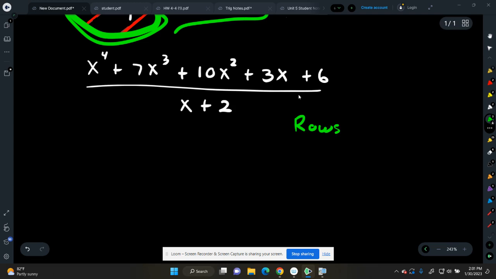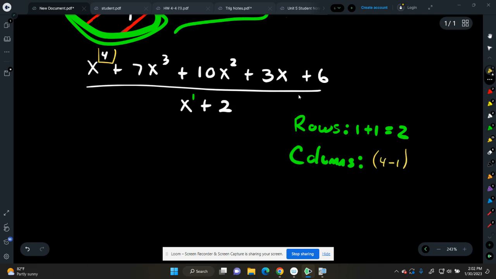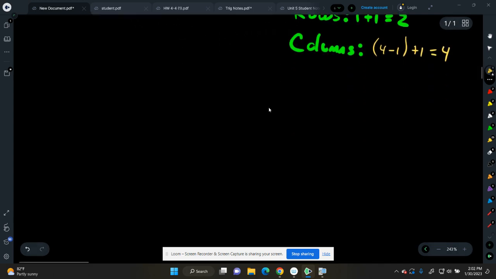How many rows does this one have? 2, because there's an exponent of 1, so it's 1 plus 1, which equals 2. Let's talk about columns. How do we figure out the columns? 4 minus 1, good. But what do we always do? Plus 1. So it's 4 columns. 2 rows, 4 columns.